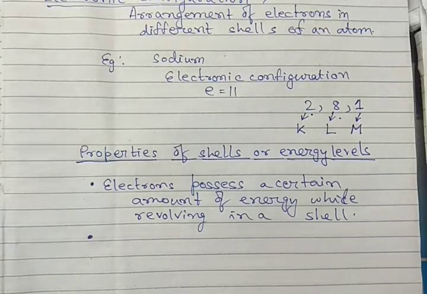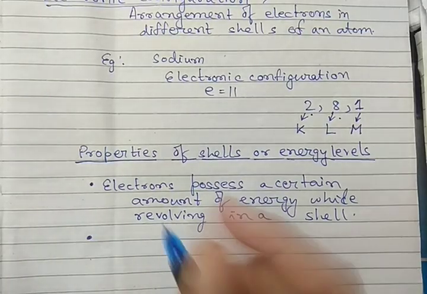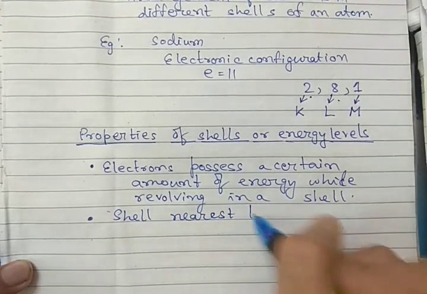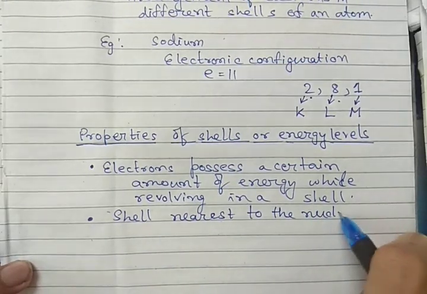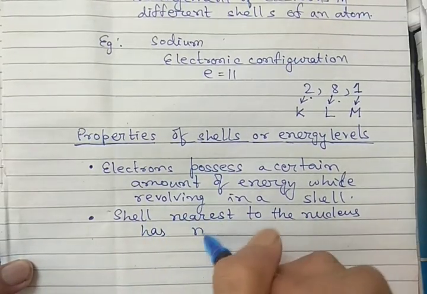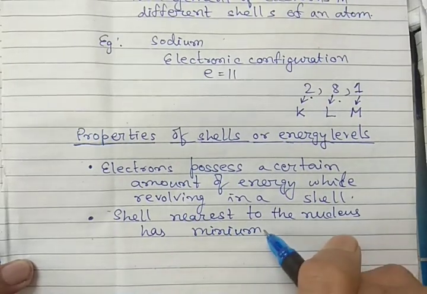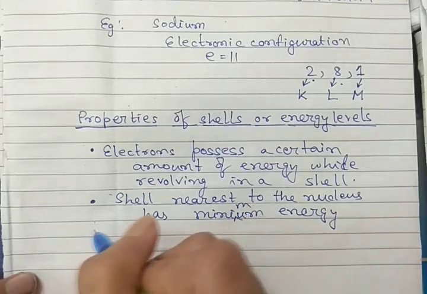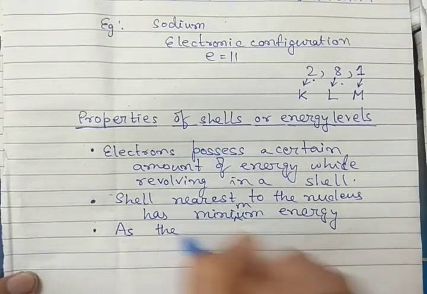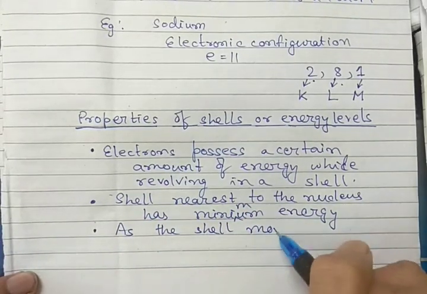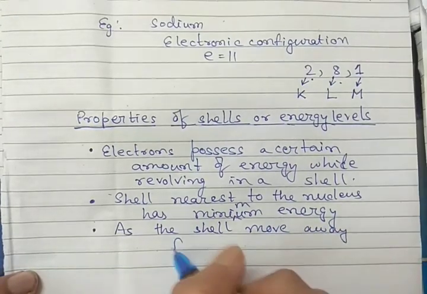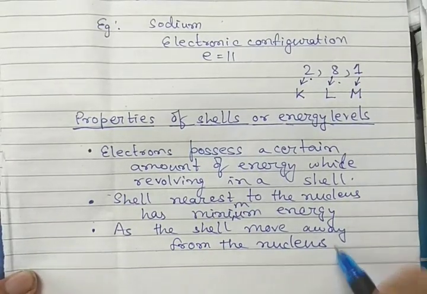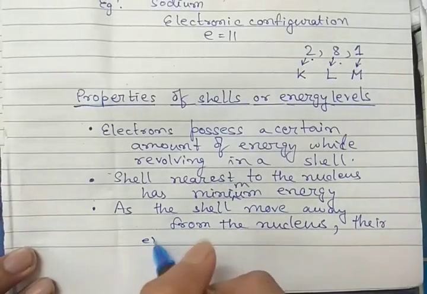Okay, and it has been found that the shell which is nearest to the nucleus has minimum energy, and as the shells move away from the nucleus, their energy increases.